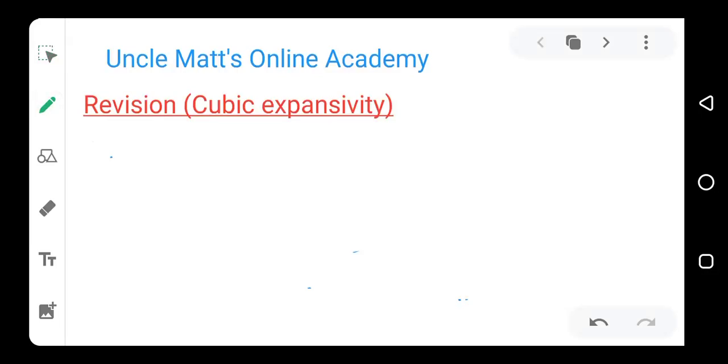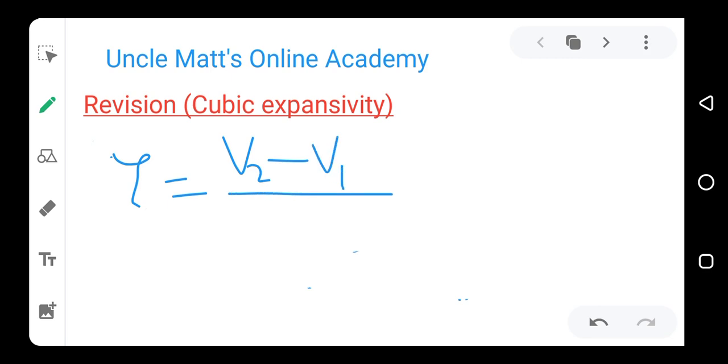Number one is that we said that cubic expansivity, which we represent with gamma, is equal to the final volume of an object or a substance minus its initial volume, over the change in temperature, which is final temperature minus initial temperature, times the initial volume.